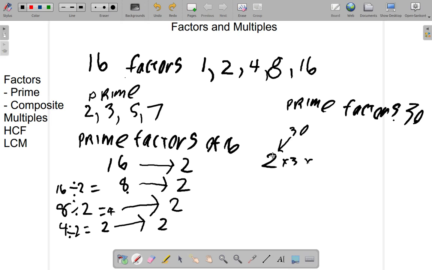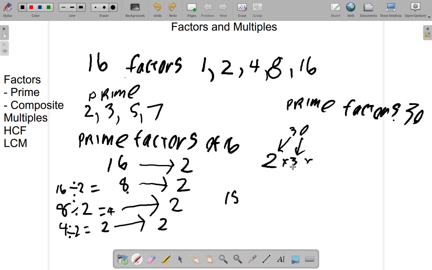Alright? What we can do, however, to find out further is like this. 30 divided by 2 is 15. Break up 15 even further. We already took out 2. 2 times 3 is 6. However, we know that 3 can divide into 15.